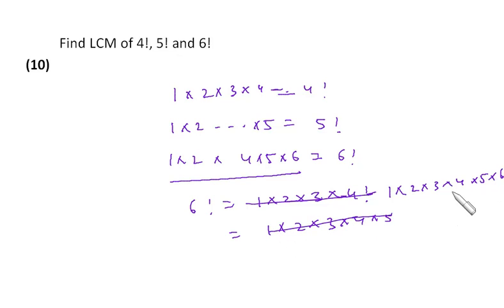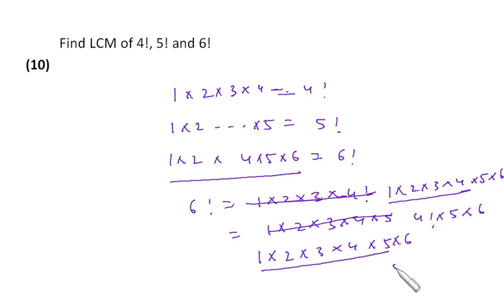So what I can do is, this is 4 factorial into 5 into 6, and it's 1 into 2 into 3 into 4 into 5 into 6. So this is 5 factorial into 6, right? So 6 factorial can be written as 4 factorial into 5 into 6, or 6 factorial can be written as 5 factorial into 6. So 4 factorial and 5 factorial are already included in this. Okay, I hope you are clear.